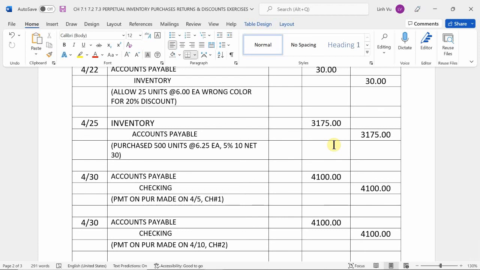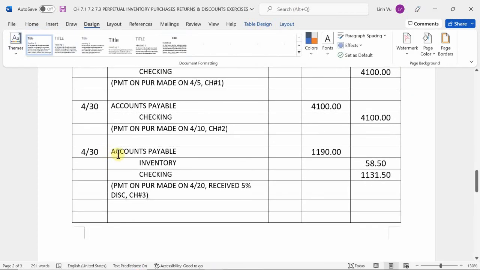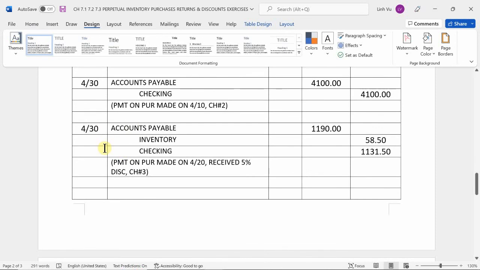Okay. So then how am I going to journalize this? You're going to do accounts payable. What else? And checking.